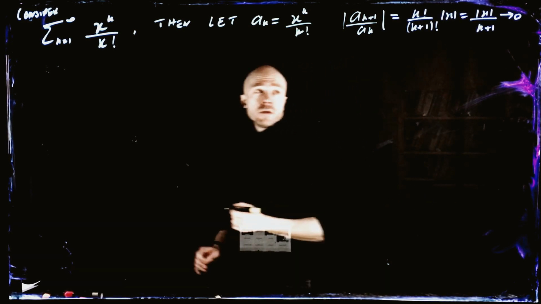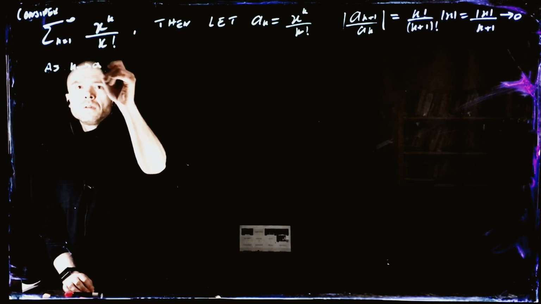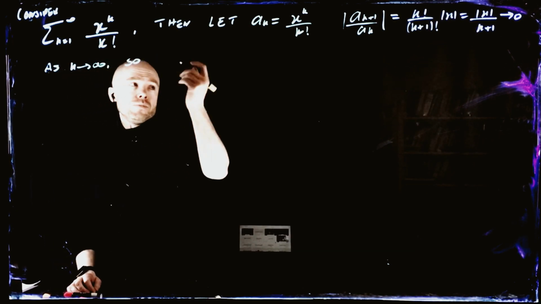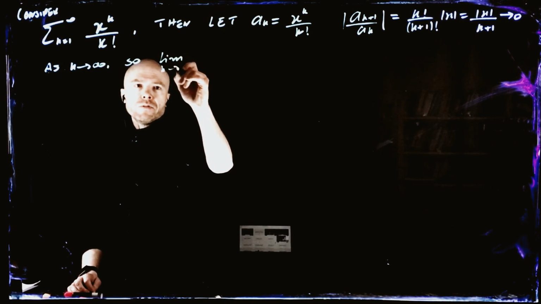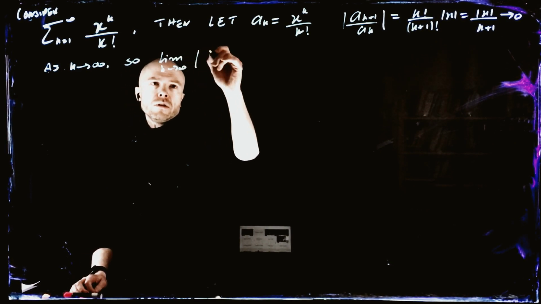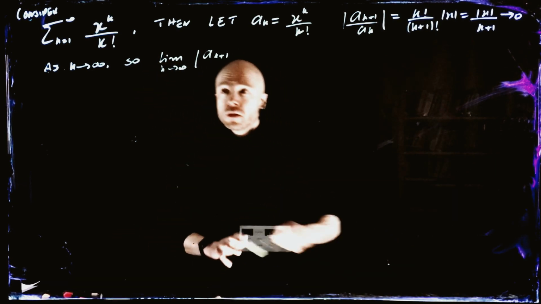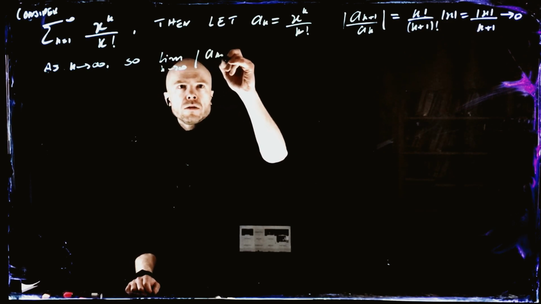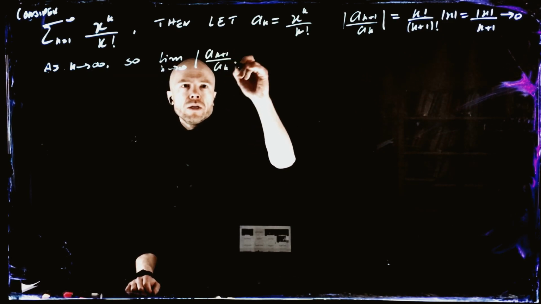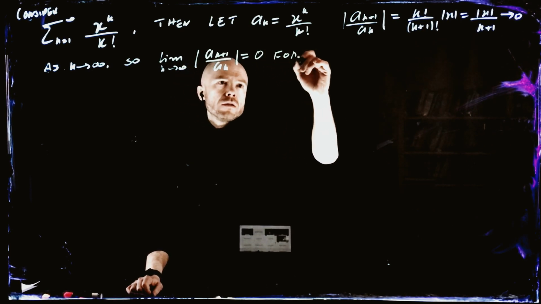Yeah? So, let's write that in terms of the limit: the limit of a_{k+1} over a_k is equal to 0 for any x.